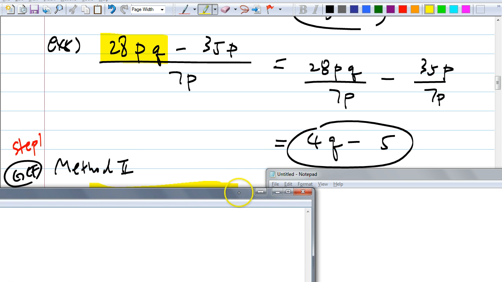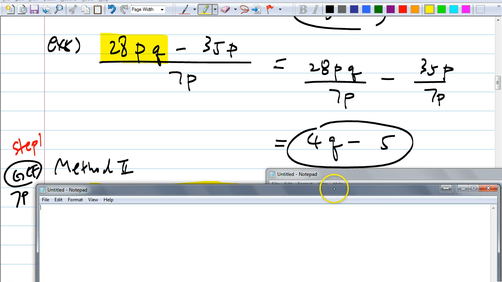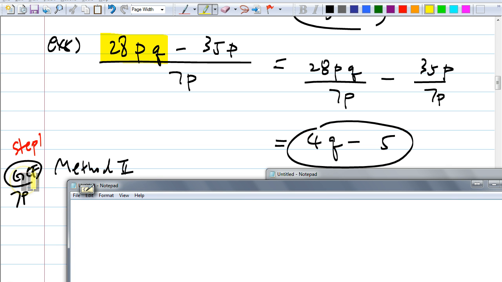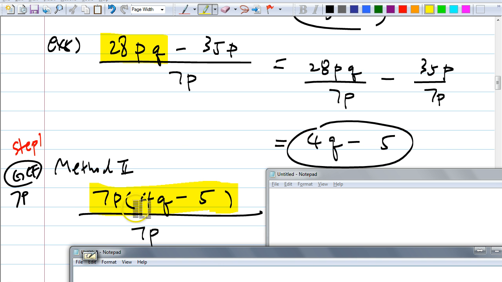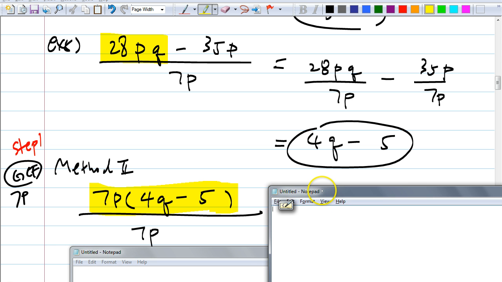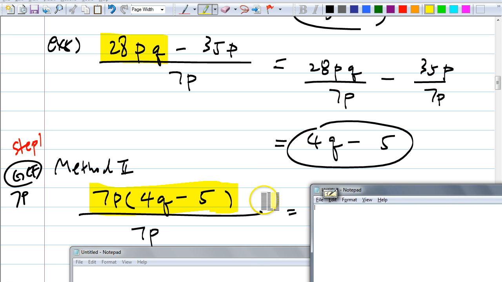You're right. So I know that GCF is 7p. Now I have that right there, over the denominator. Do you think that parentheses there is important? Yeah, otherwise it's not multiplying, right? Good. And the next step is, what's that?